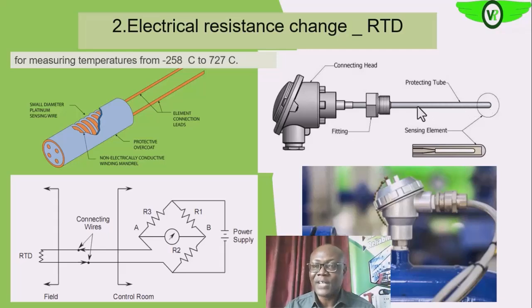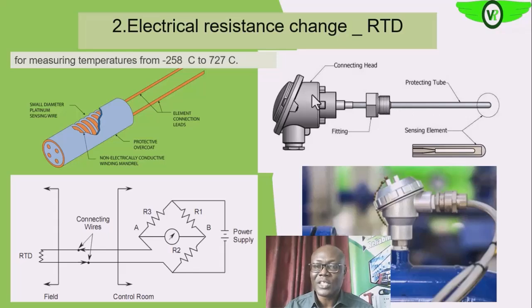So here is the RTD. Okay, we have the RTD, which is the temperature sensor now, the sensing part. You can see it at the tip. Then the connecting cable runs out into this junction box, which will be fed to your transmitter that will later amplify it and send it to wherever you want it to go. So as this is having contact with the process, as the temperature is changing, the resistance of the RTD embedded in it will be changing.